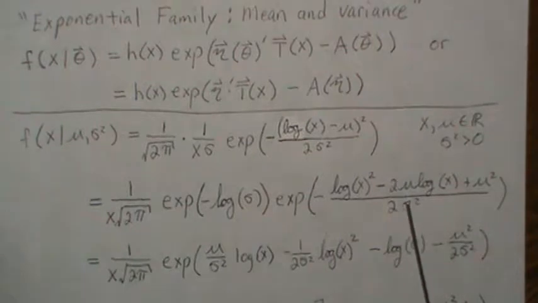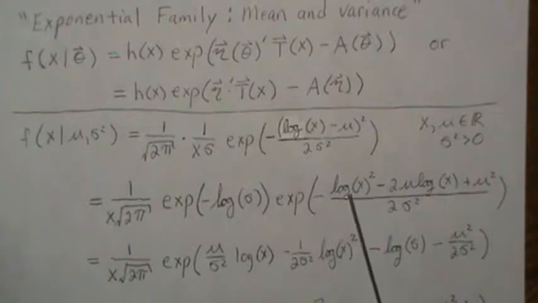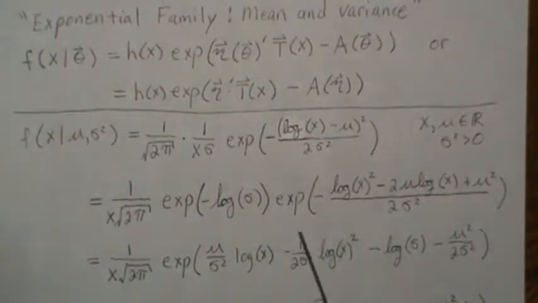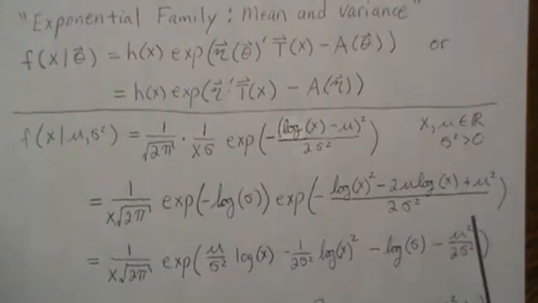So the 2's cancel. Of course, the minus makes that a plus. So we have mu over sigma squared times the log of x. And this one here, we just have minus 1 over 2 sigma squared times log of x quantity squared. Then we have minus log of sigma. And here we have minus mu squared over 2 sigma squared.